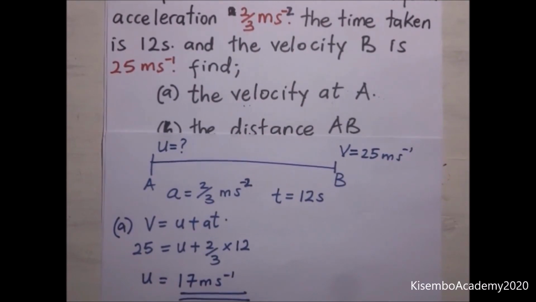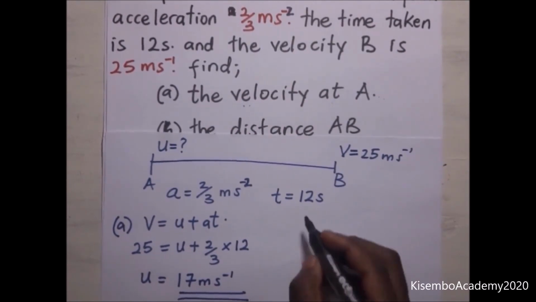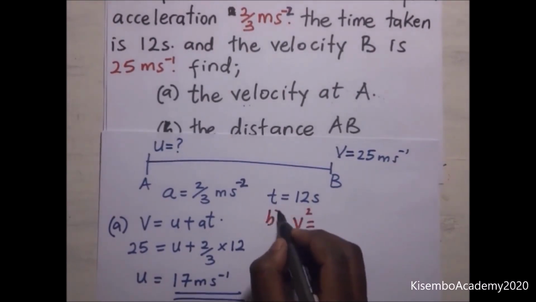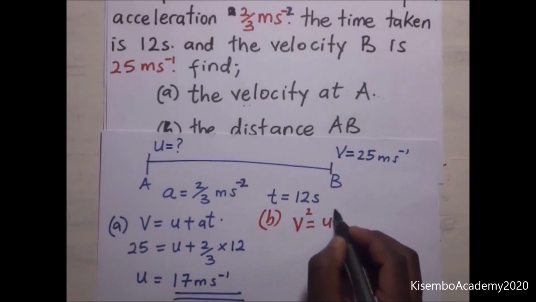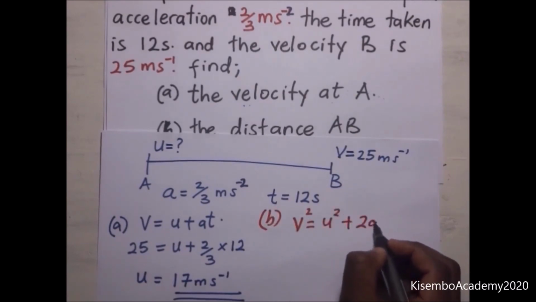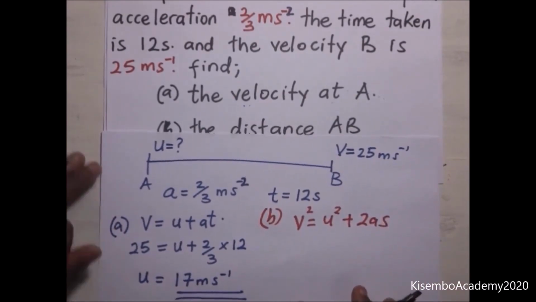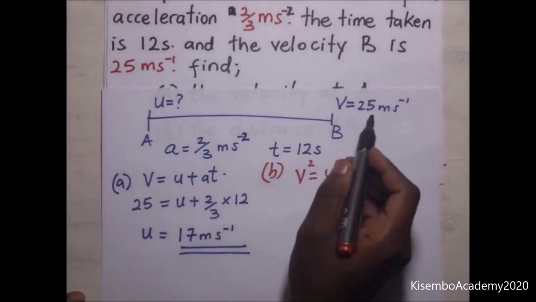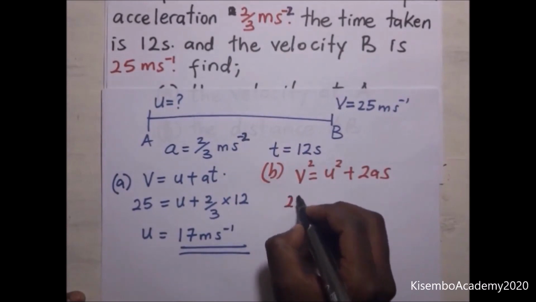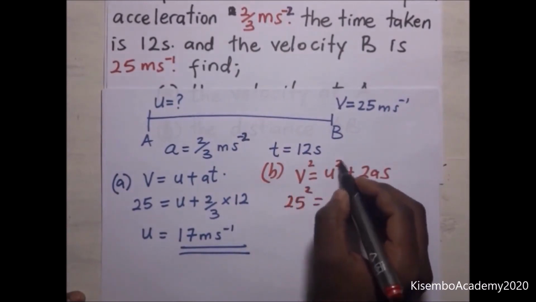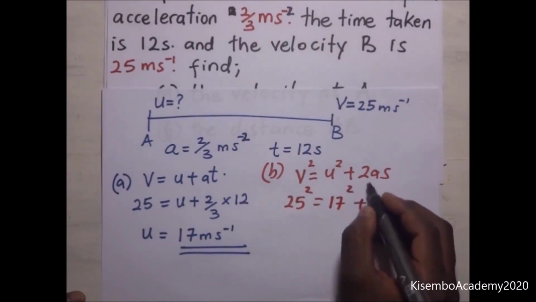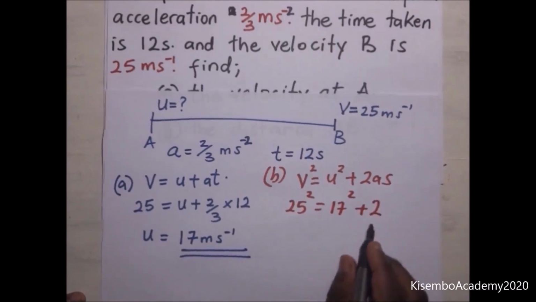To find the distance moved from point A to point B, we are going to use, this is part B, v squared is equal to u squared plus 2as. We'll use that formula. Our final velocity V here is 25. So this is going to become 25 squared equals the initial 17 squared plus 2 times acceleration.